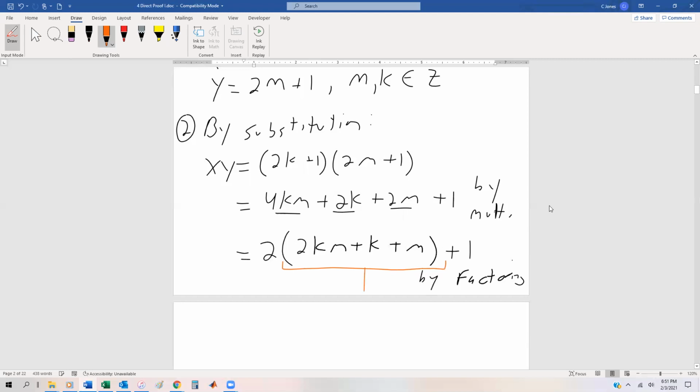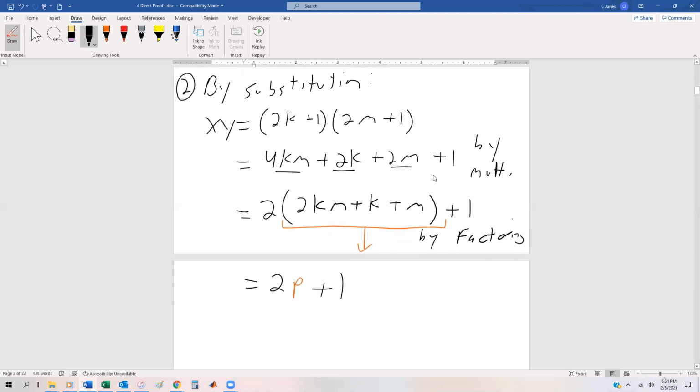So all of this we can say is equal to a new variable. Let's call it p. I'm going to define this as p, and we still have the 1 on the end.